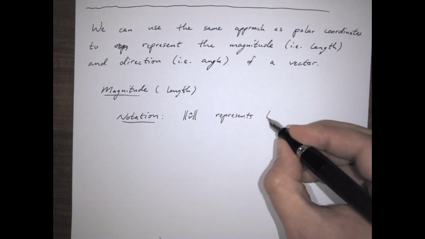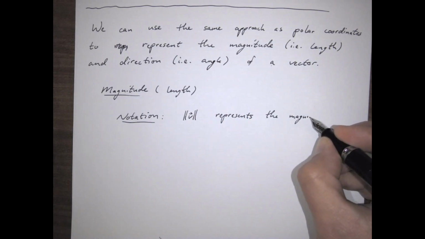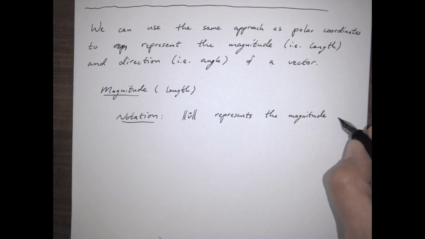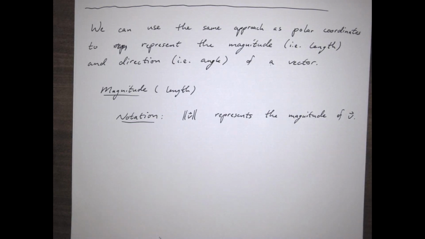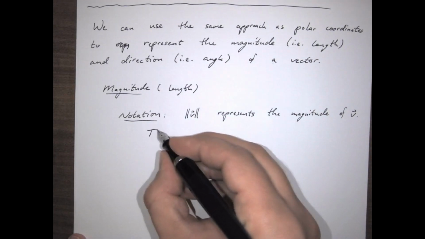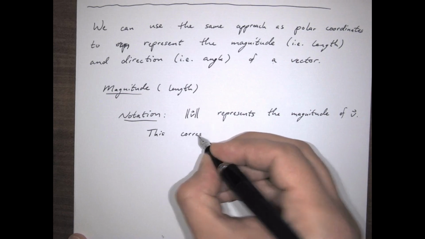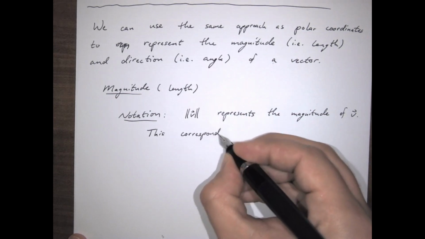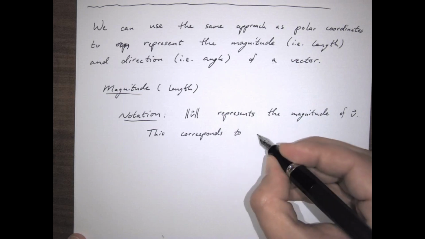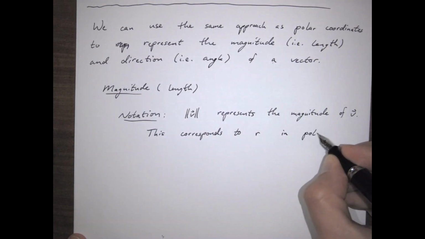This represents the magnitude of v, and this corresponds to r in polar coordinates.